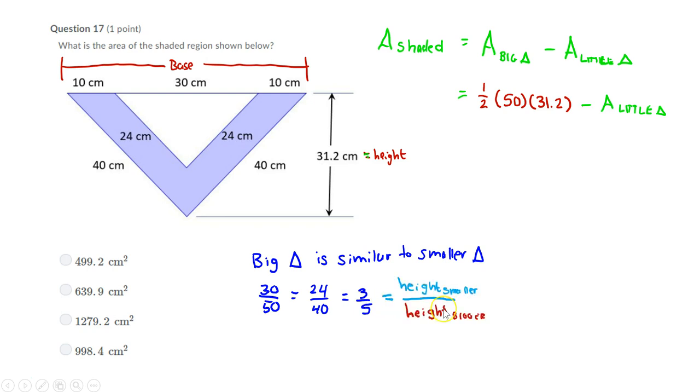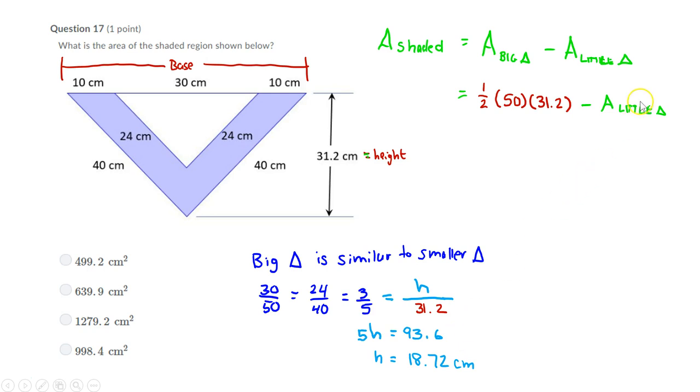Therefore, the height of the smaller triangle over the height of the bigger triangle should also equal 3/5. Since I know the height of the bigger one is 31.2, I can set up a ratio: 3/5 equals the height of the smaller triangle over 31.2. Cross multiplying, I get 5h equals 93.6, which means that dividing both sides by 5, the height of the smaller triangle is 18.72 centimeters.